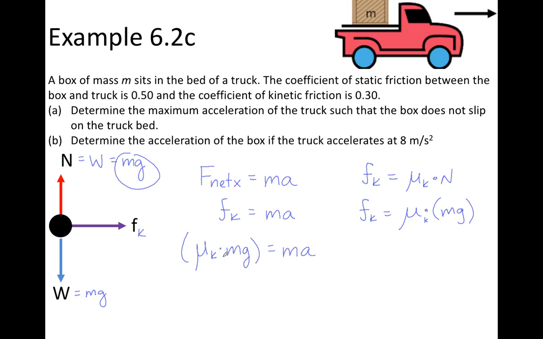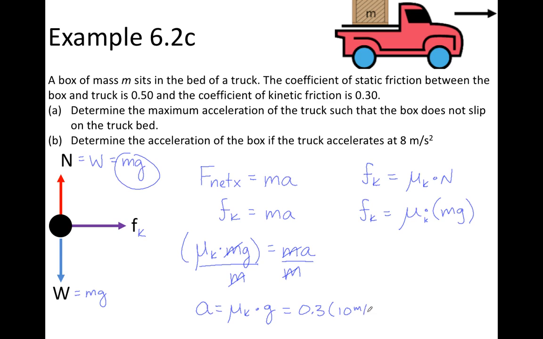Notice there's an m on both sides of the equation. I can cancel out my m's. And when you cancel, keep in mind what you're doing is you're really dividing both sides by the same thing, so that m cancels. And we're left with acceleration is equal to mu k times g. Mu k is given as 0.3.